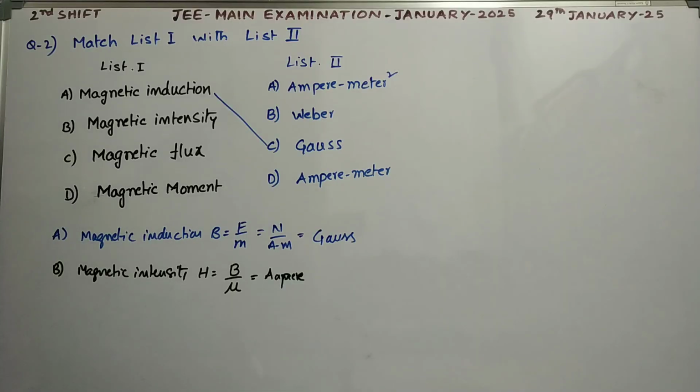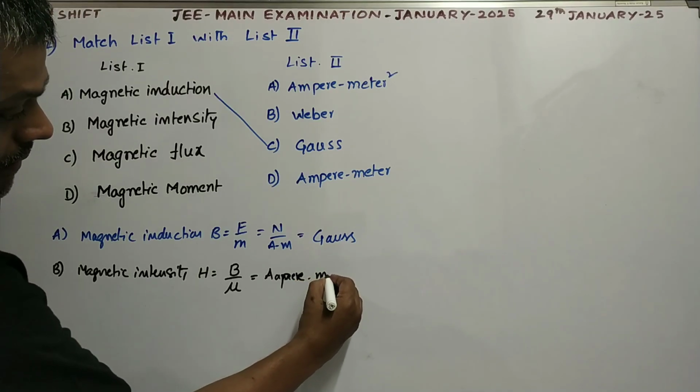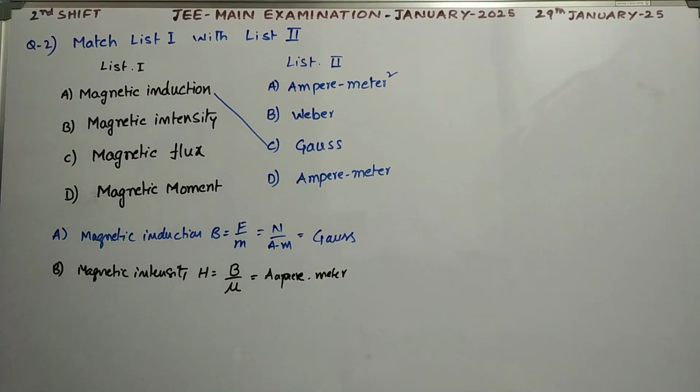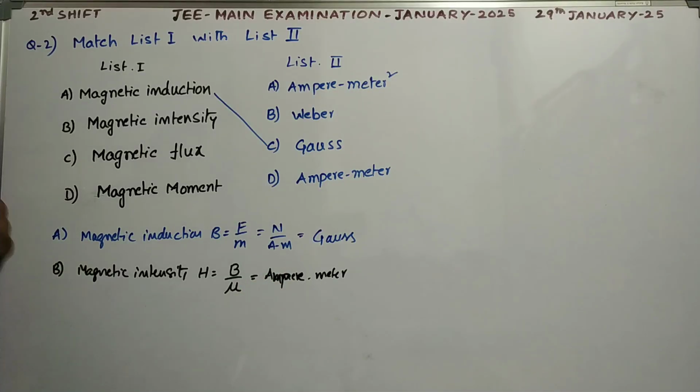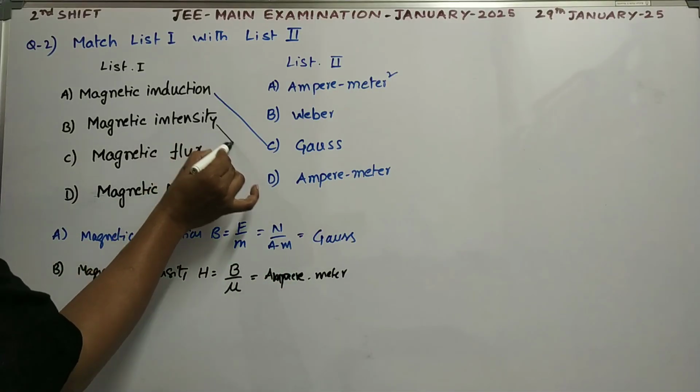So the unit of magnetic intensity is ampere per meter.